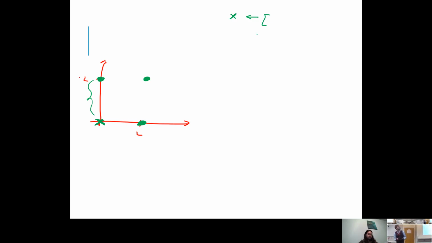1, 5, 0. Okay, so it's an L, a 5L, and a 0. For example, if you want the distance from this charge on the y-axis to that field point location, what would that distance be? How many units do you go in the x direction? 1.